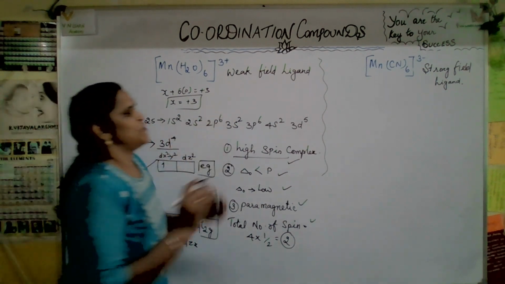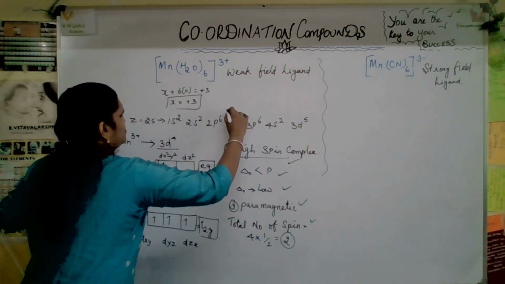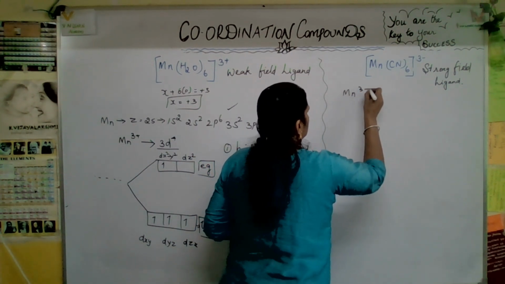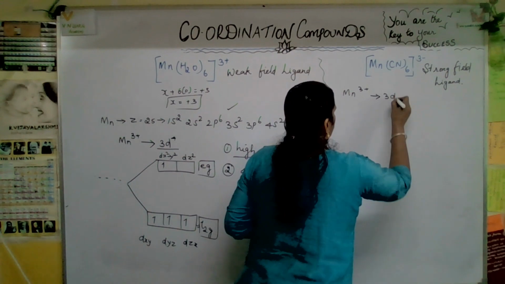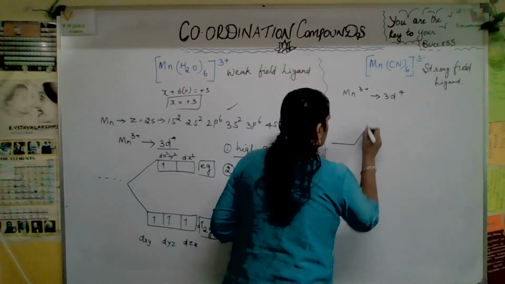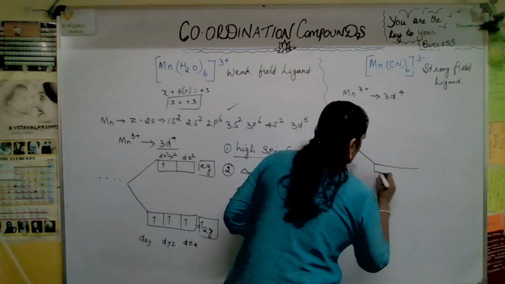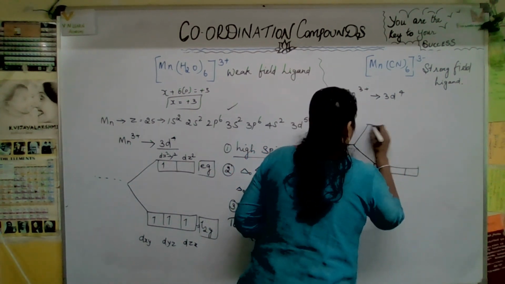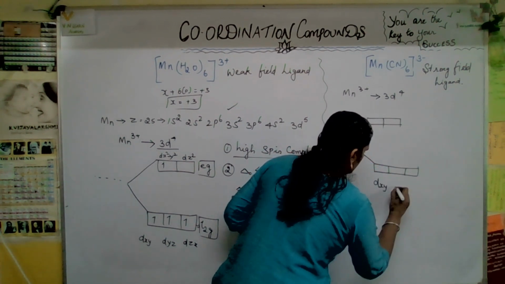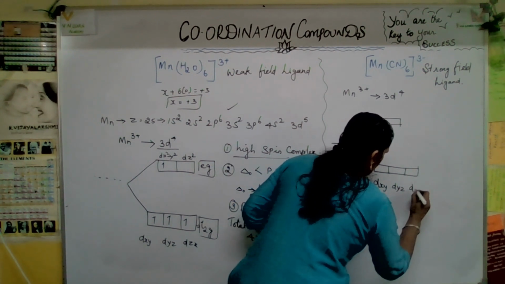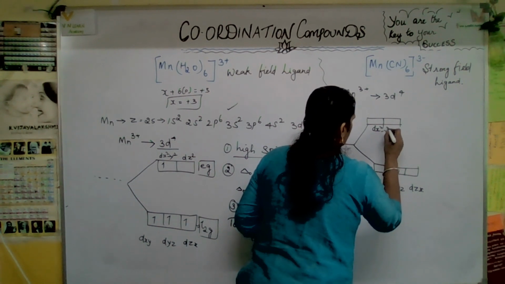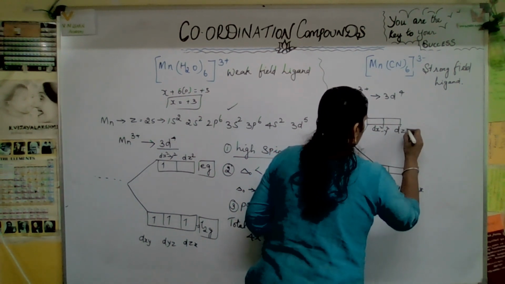Okay, now the next one. Already we have gone through this. So this is Mn3+, so 3d4. Now here, how to fill those electrons? Just close your eyes and you can do it very easily if you know the concept. dxy, dyz, dzx, dx square minus y square and dz square.